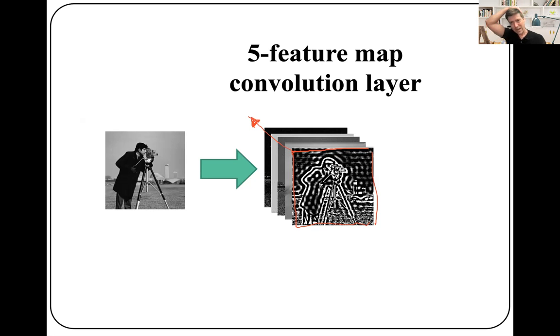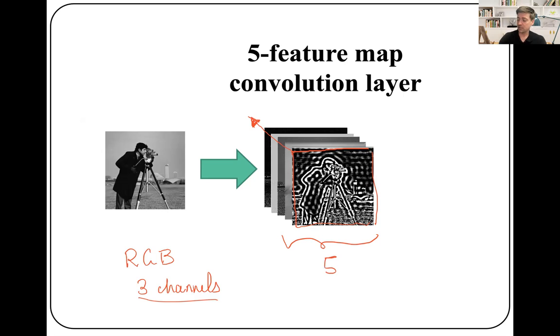An interesting way of picturing the channel is, for example, a color image, which is typically encoded as RGB. So an RGB image has 3 channels. Well, you can think of the output of this convolution layer as another image, which has 5 different channels.